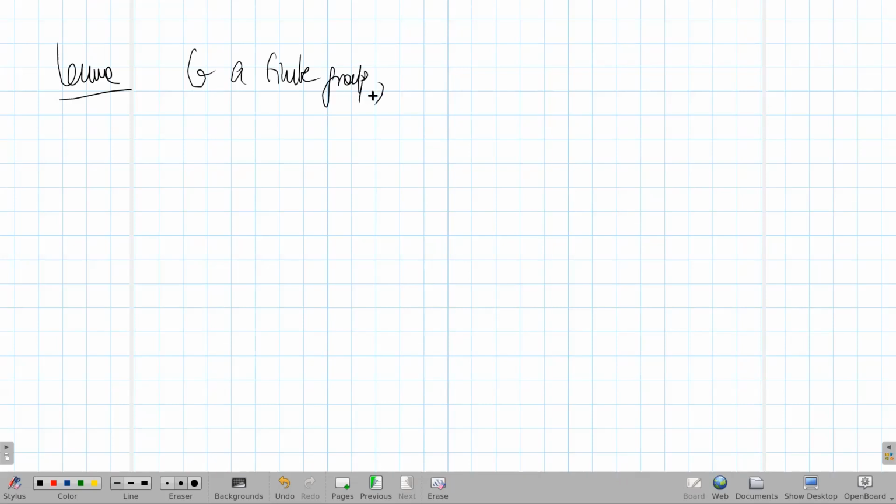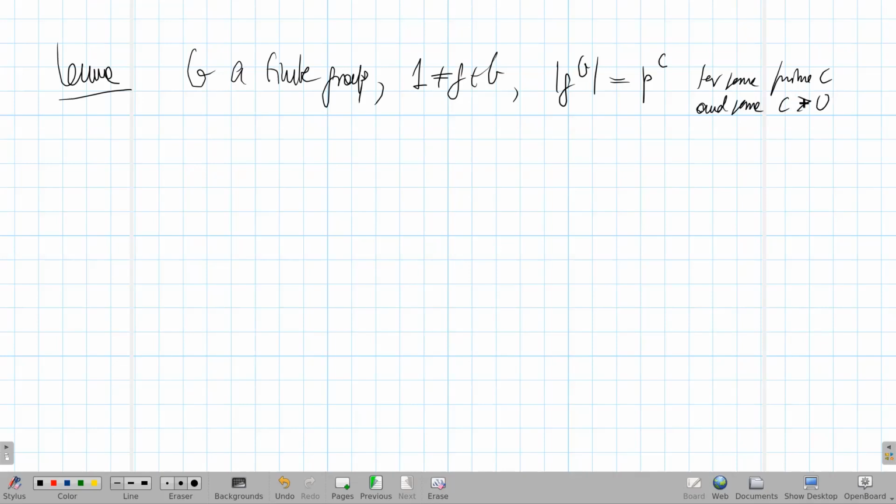And then you have an element of G, which is different from 1, such that the order of the conjugacy class of G is a power of, let's say, p to the c for some prime p, and of course some c greater than 0, because if c is 0, then the order of the class is 1.